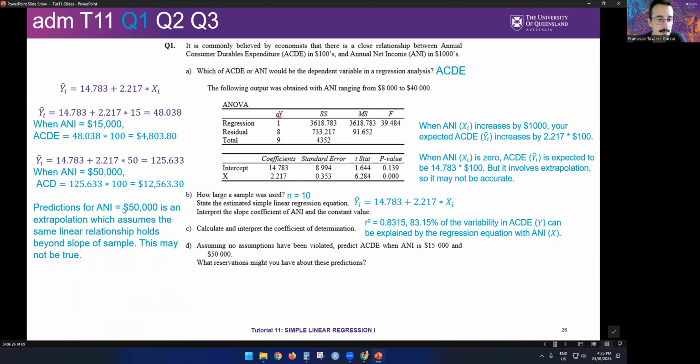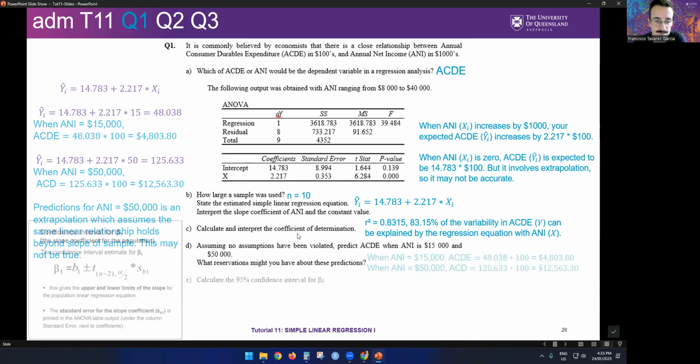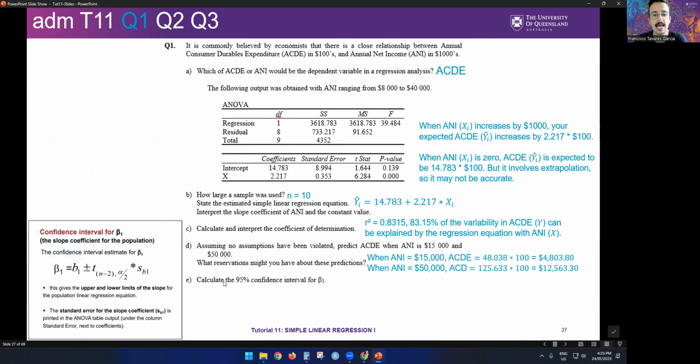Predictions for A and I, 50 is an extrapolation, which assumes the same linear relationship holds beyond the range of the sample. This might not be true. Finally, E. Calculate the 95% confidence interval for beta 1. And in simple linear regression, the little b, this little guy here, is what we calculated using our sample.